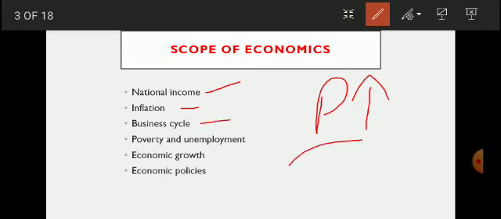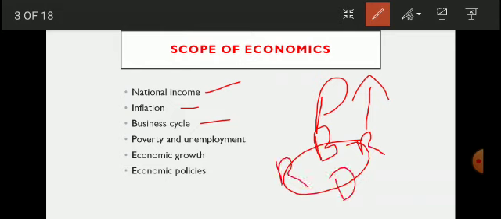Business cycle. We have seen the business cycle in the online class itself. The business cycle has boom, which is high, recession, which is medium, depression, which is low, and recovery. Next, poverty and unemployment.